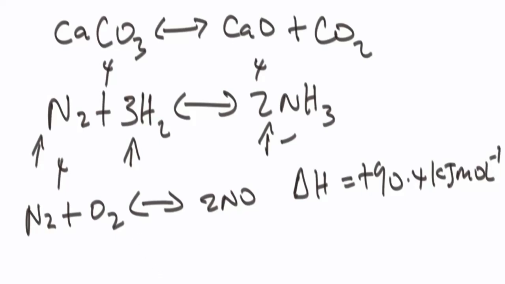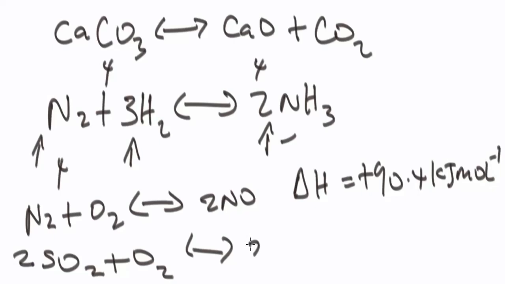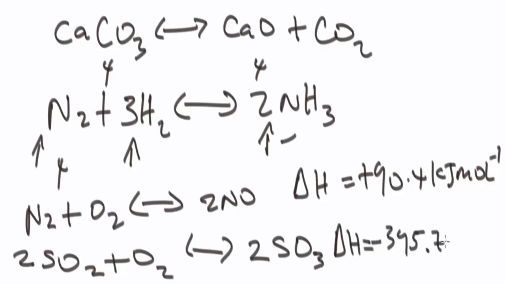Now for an exothermic reaction, let's say we have this reaction: 2 moles of sulfur dioxide plus oxygen to give 2 moles of sulfur trioxide, and the enthalpy change is minus 395.7 kilojoules per mole, indicating that it's an exothermic reaction.